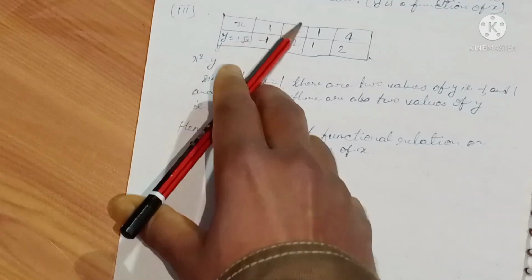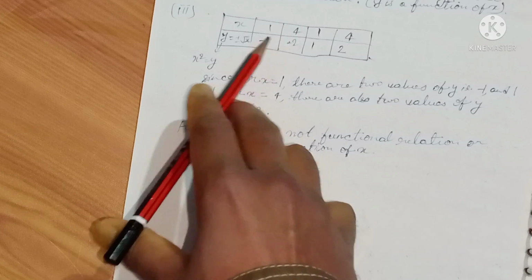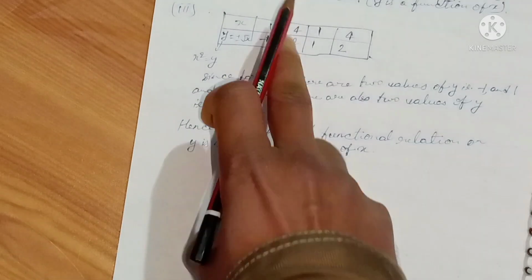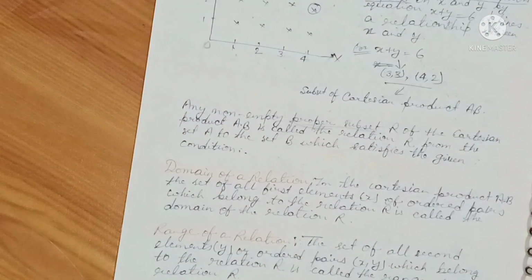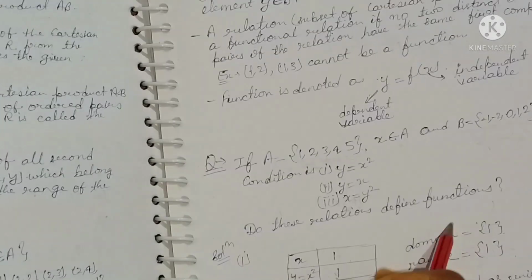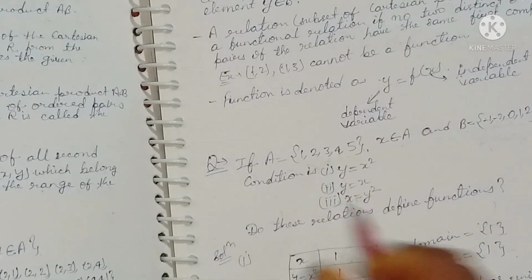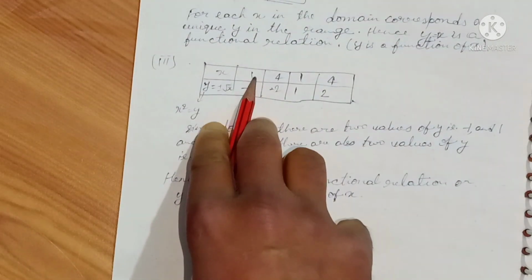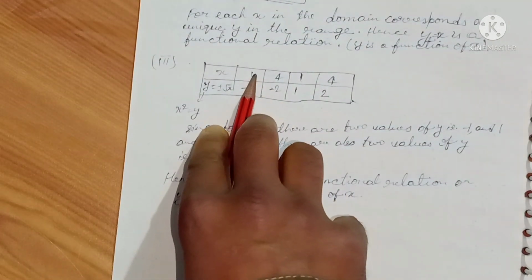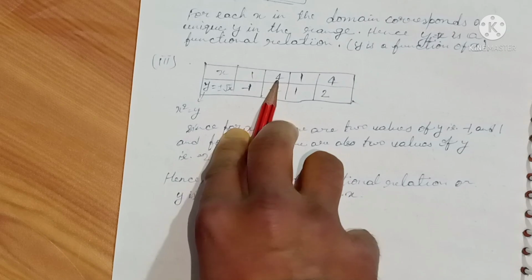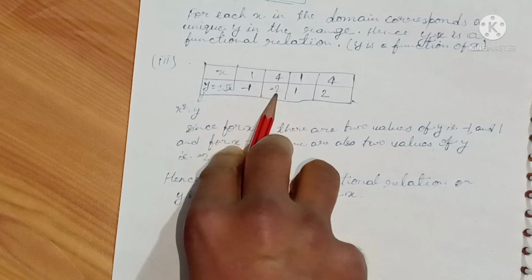Now the square root of 4, because in x, 4 is also present. We have to take elements in x from set A. So the square root of 4, you will get plus minus 2, so minus 2 is also there.